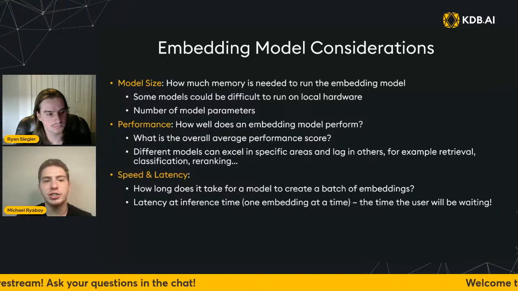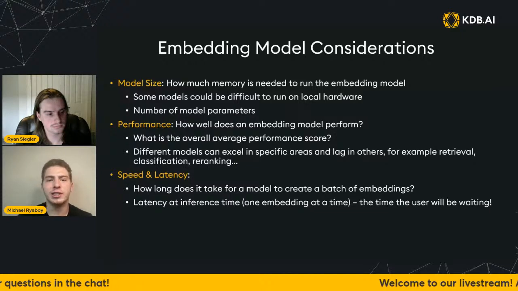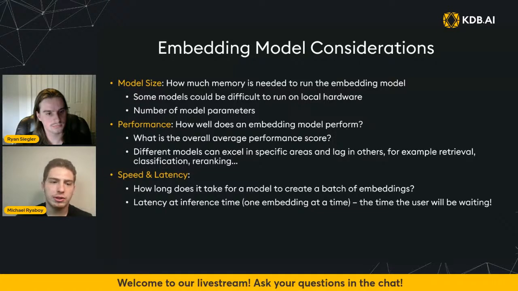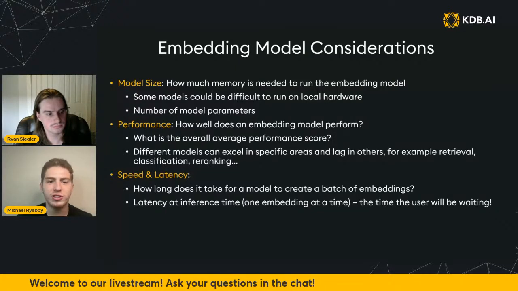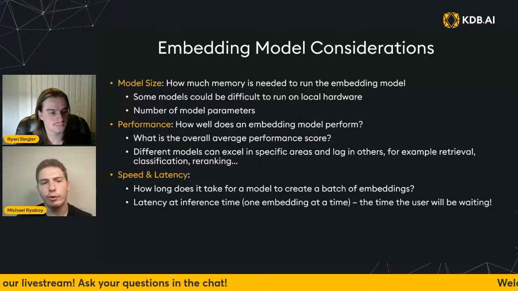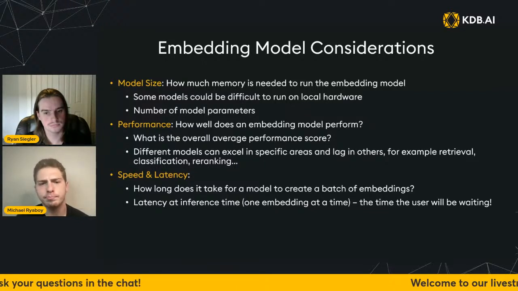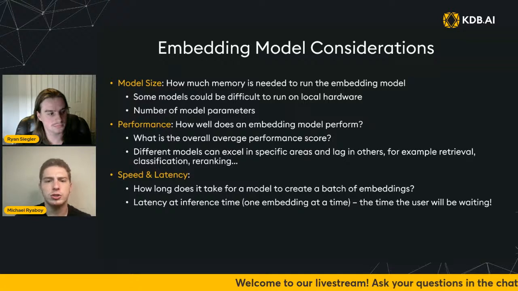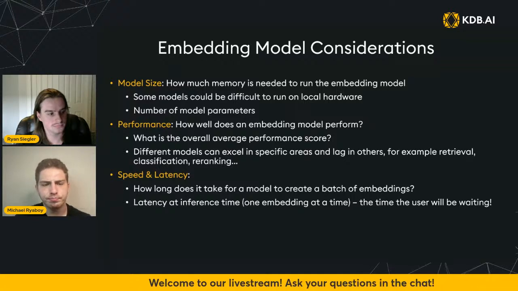And another consideration is speed and latency. How long does it take for the model to actually create a batch of embeddings or a single embedding? This can be split into two different types of latencies that are both important but are kind of different. One is how long does it take for the model to create a batch of embeddings?